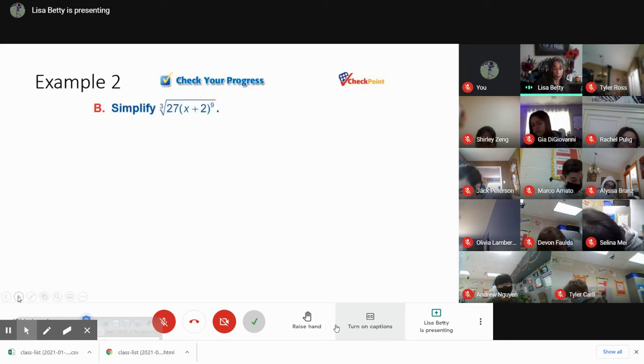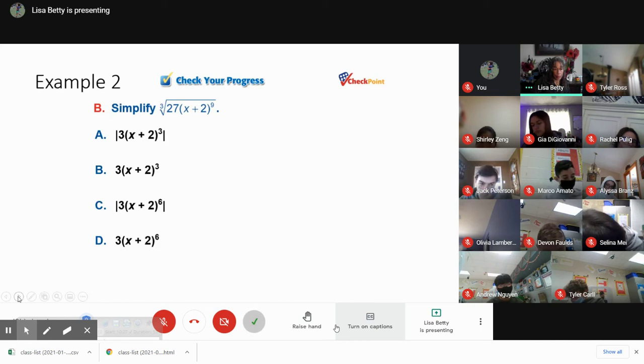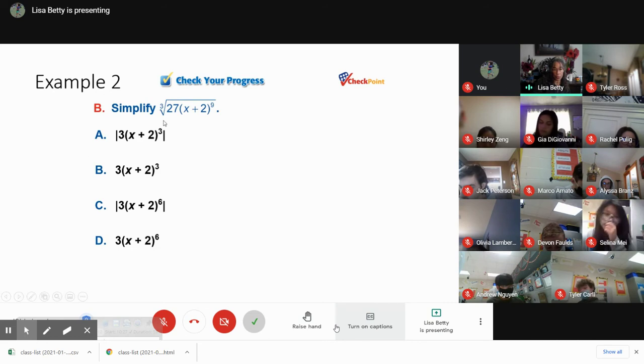All right. Just going to talk this one through. The cube root of 27 is 3. So we're going to ignore those absolute value signs. And 9 divided by 3 is 3, so it should be B. And we're good.